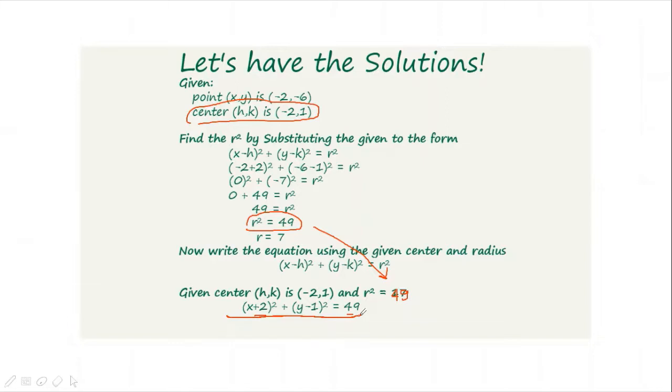Now, if the question is what is the radius, then the radius is 7, plus the units. Again, this is our equation in standard form, and our radius is 7.